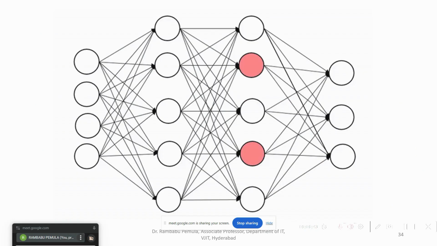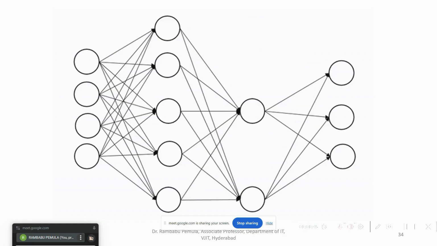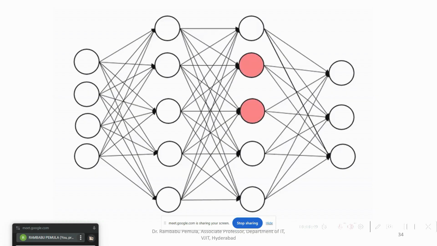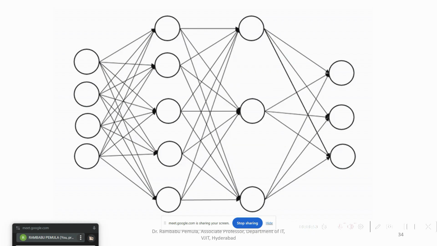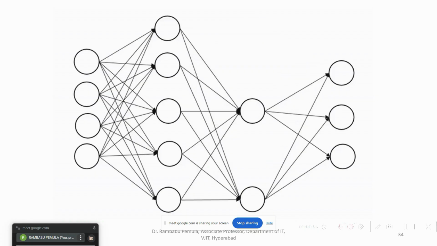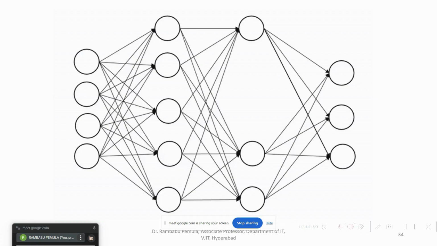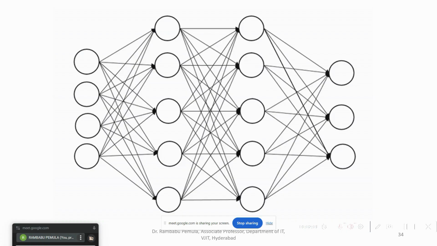Now, there is a concept called overfitting and underfitting. In order to avoid overfitting and underfitting problems, sometimes we have to drop some neurons in the hidden layers. This is called dropout. For example, this is the input layer, this is your output layer, and in between we have hidden layer 1 and hidden layer 2.